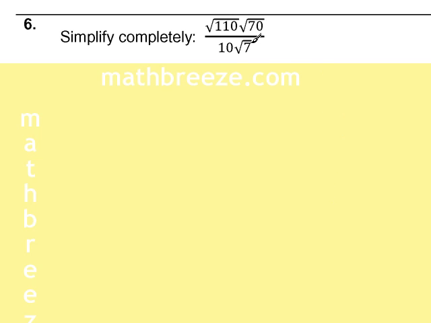In number 6, we'll start by dividing 7 into square root 70. Alright, so we have in the numerator square root of 110 times the square root of 10. Okay, we did that division. And then we have this 10 over here. Square root of 110 has a factor of 10.